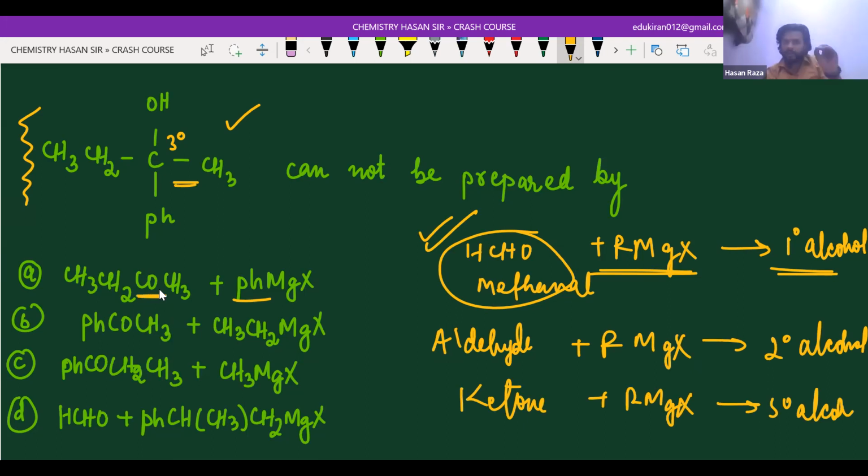If ketone is there, that means it will definitely give you 3 degree alcohol. This is also your ketone. It will also definitely give you 3 degree alcohol. This will also give you 3 degree alcohol, but this will give you 1 degree alcohol. That confirms that this is the answer. But if all the options are ketonic, then we have to do the reaction. It is understood, Adriel?